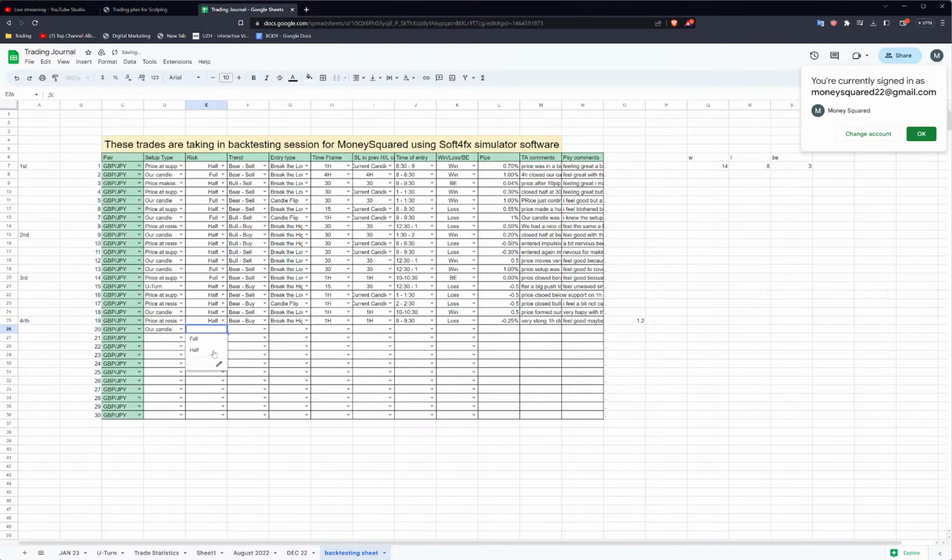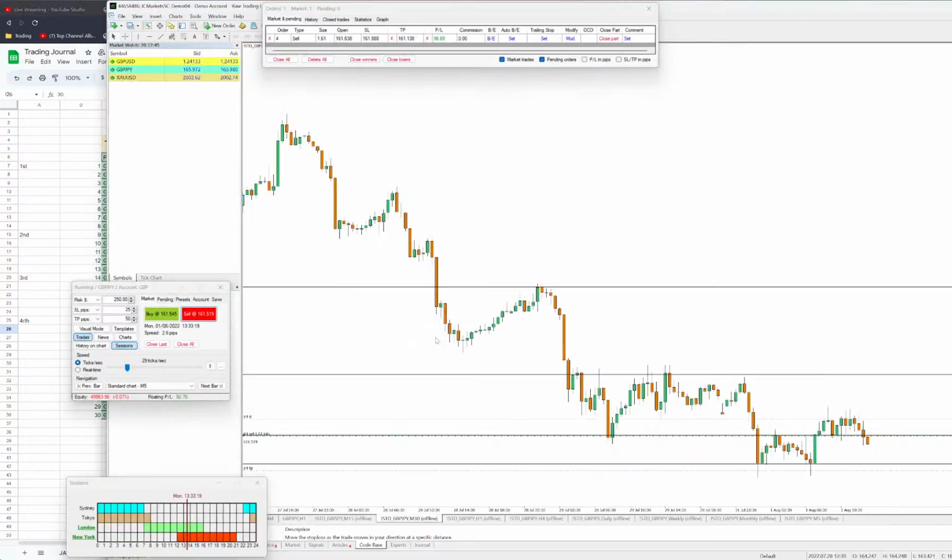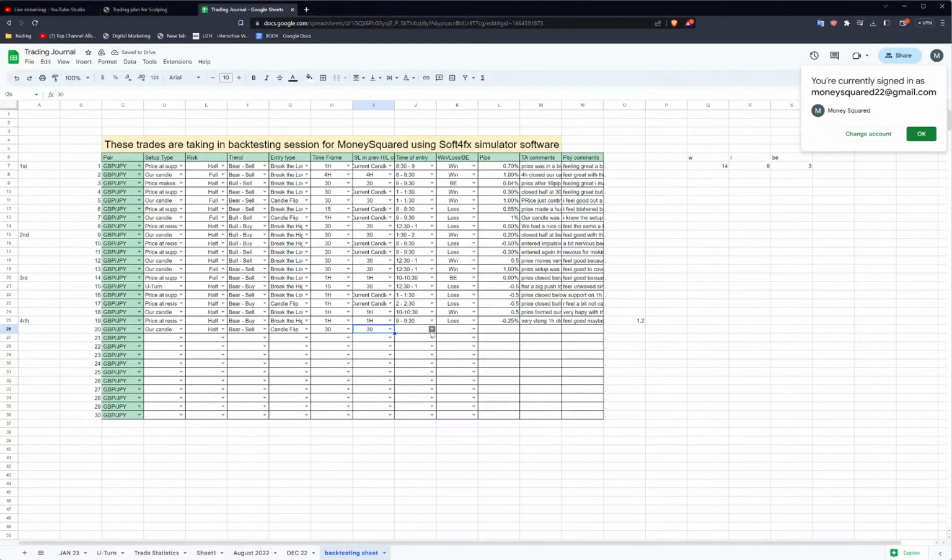Our candle, half risk, bear sell, break of the candle flip, 30-minute, current, previous 30-minute, I think, yeah. Previous 30-minute time is 1:30. Yeah, 1:30.